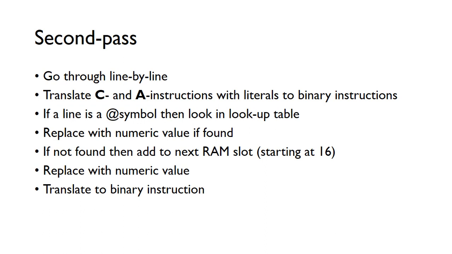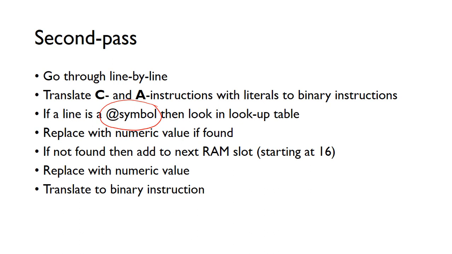That's all we're doing on the first pass. We're just adding the labels to the table. On the second pass, we go through the code line by line and translate the C and A instructions with literals to binary instructions. But if the A instruction has a user-defined symbol, we need to look in the lookup table and replace it with a numeric value if we find it.